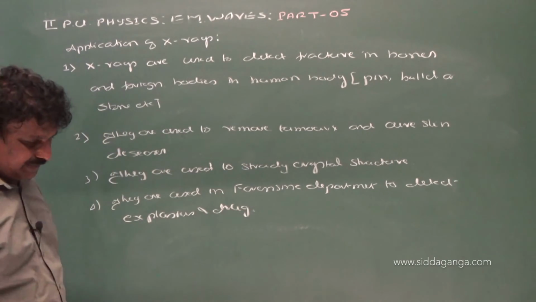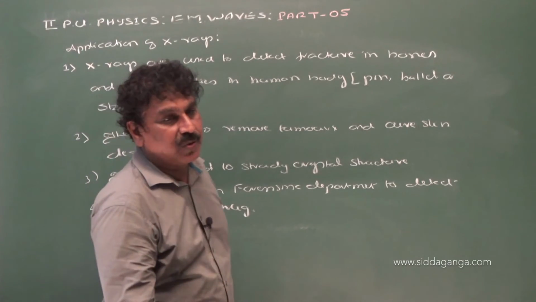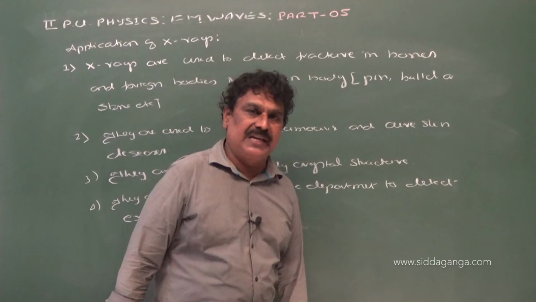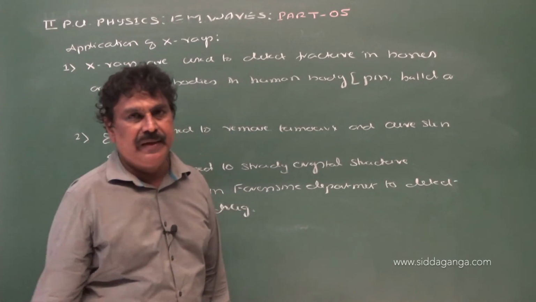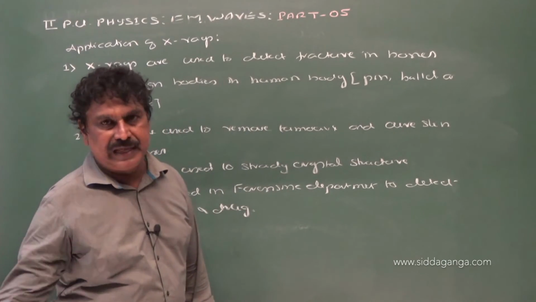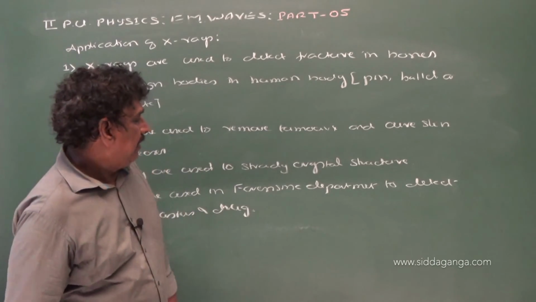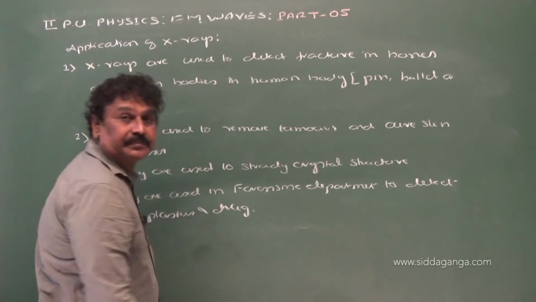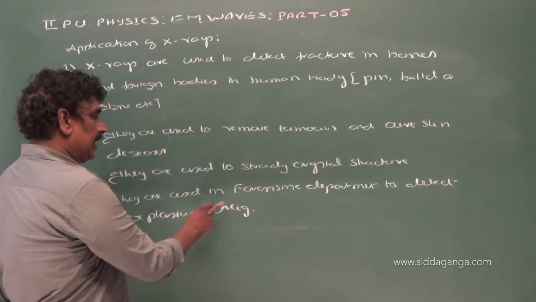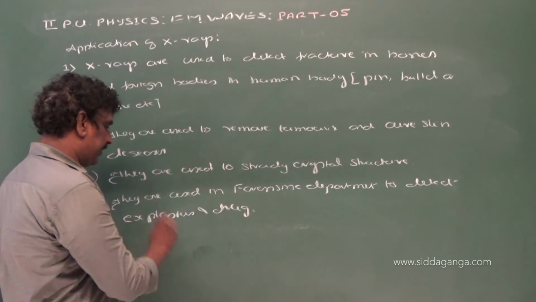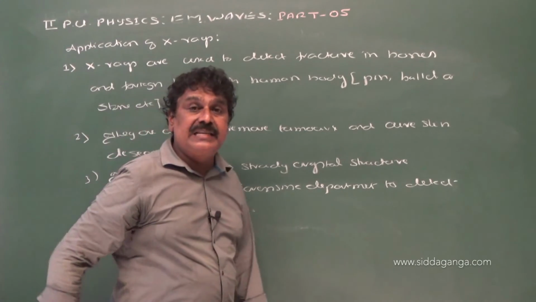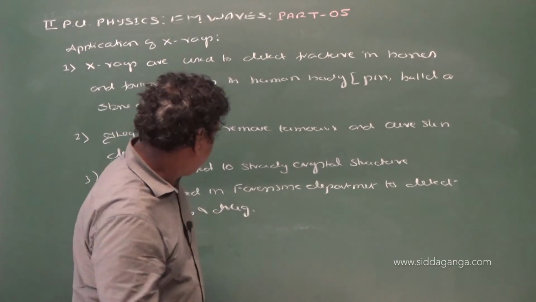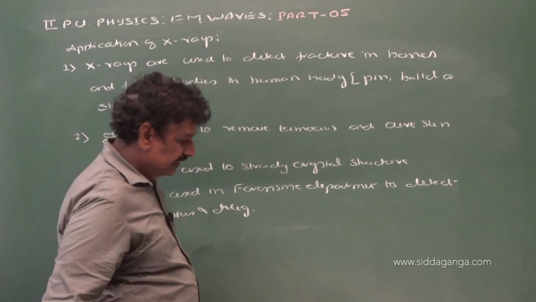You might have seen there is a bomb squad which can detect the presence of explosives, that is the bomb in case of terrorist or somebody else, where we can use X-ray technique. They are also used to detect drugs like opium. Opium in a box can be detected by using X-rays.